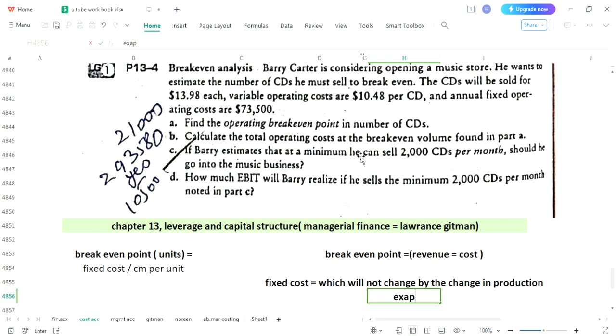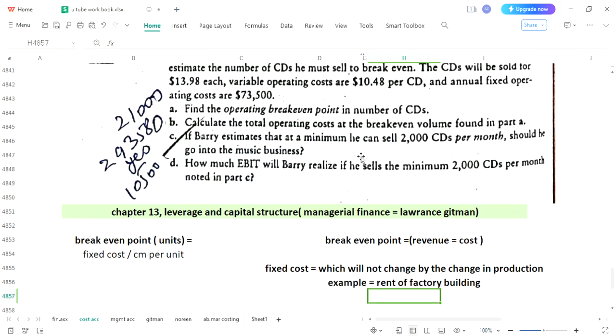The example which we have taken earlier as well was if you are a manufacturing concern and you are working in a factory building which you have hired on rent. So rent of factory building would be an excellent example of fixed cost.